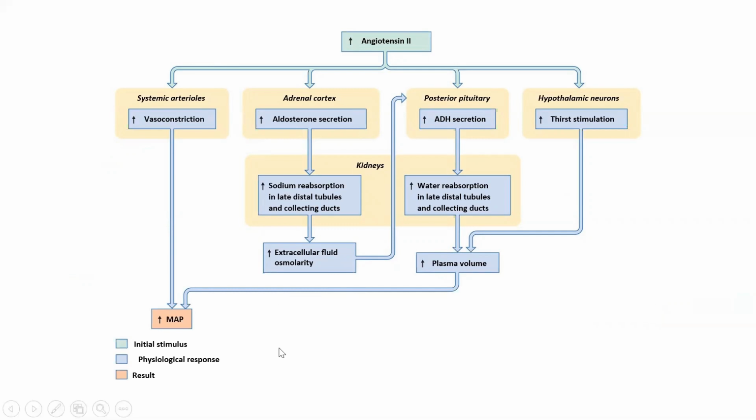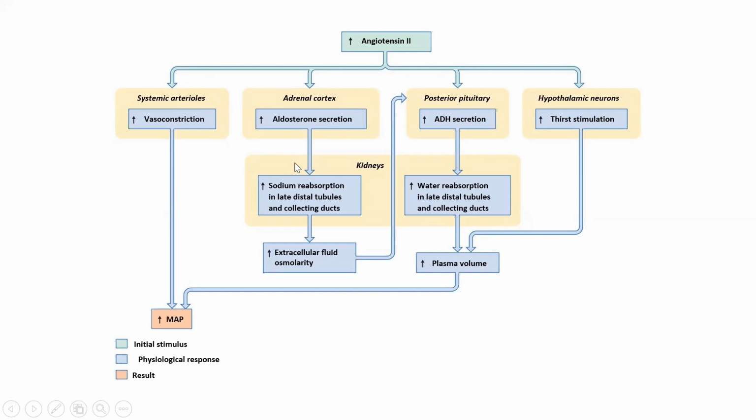The first thing it does is cause vasoconstriction, and we talked about this effect when we looked at the arterioles back in the vascular system in chapter 15 or 16, I believe. We did speak about angiotensin 2 encouraging vasoconstriction, and that will help to increase mean arterial pressure. The second thing here we just encountered, right? It's going to stimulate the adrenal cortex to secrete this aldosterone.